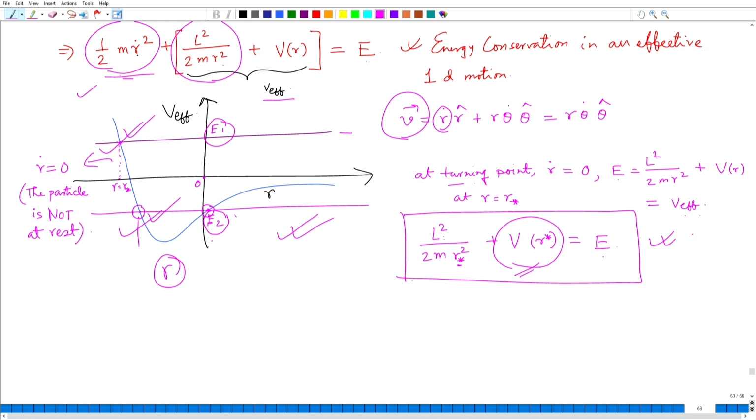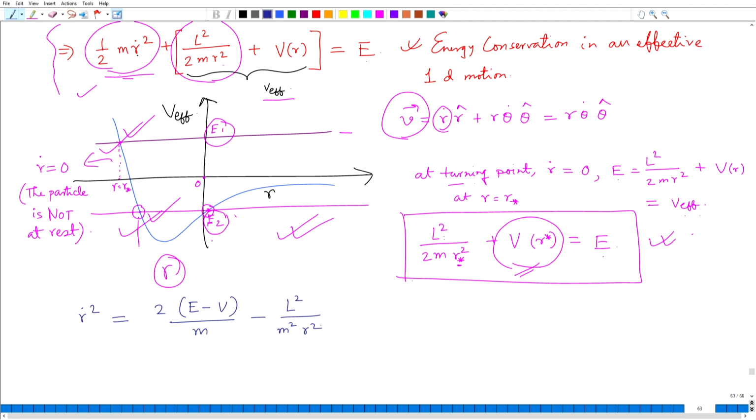Okay. Now, you can also find that if this is in general not a turning point, then what happens? Then we have the formula which looks like this. In general we have r dot square equal to 2 times E minus V by m minus L square by m square r square.